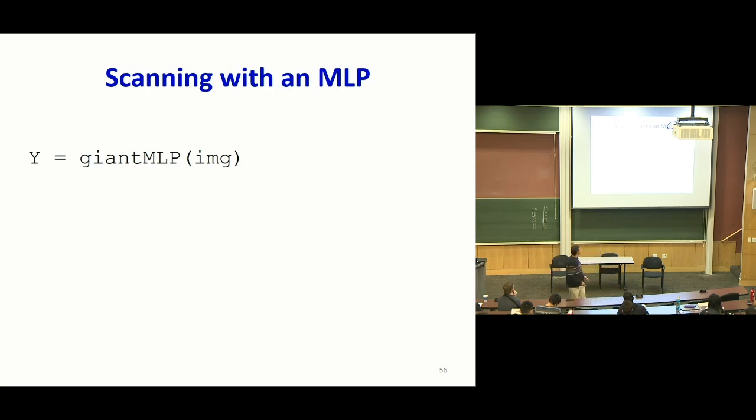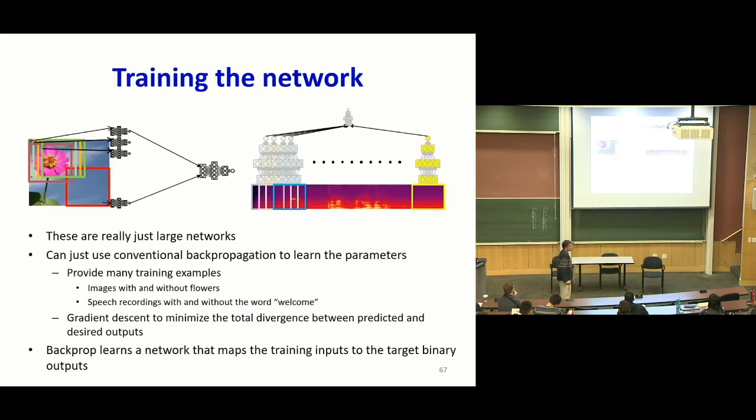All I have to do is to compose this giant network like so and give it lots of examples of pictures with flowers and pictures without flowers, or recordings with the word welcome in it and the recordings without the word welcome in it, and it will automatically figure out. Because you're training the whole thing, it has to know how to fire. It's going to figure out to detect flowers or the word welcome at the right location. And you can see how this should be the case, right?